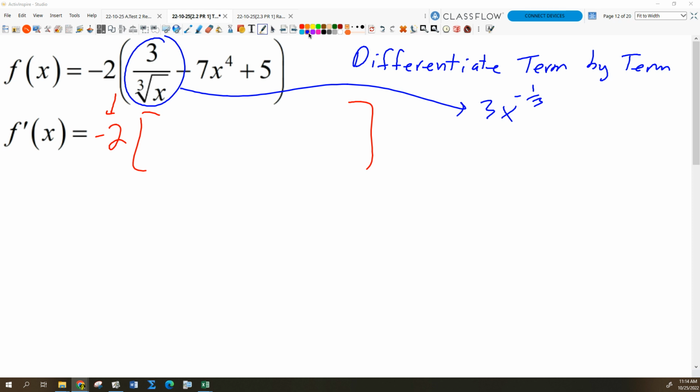Okay, so then what am I going to get for the derivative of the first term? Jonathan, what am I getting for that if I differentiate that?